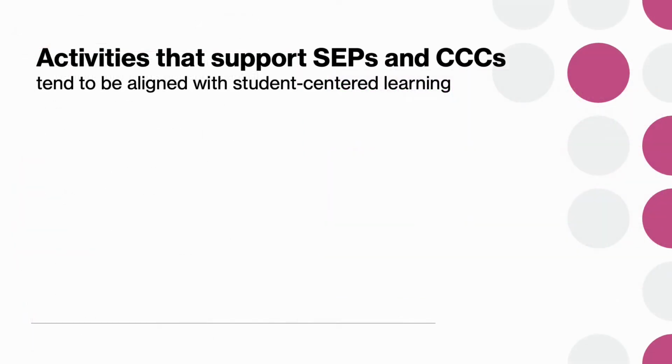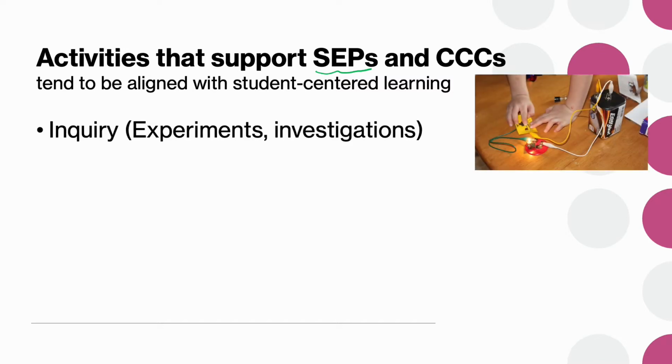To that end, there are certain activities that support the aims of the science and engineering practices and cross-cutting concepts, and these tend to be aligned with student-centered learning. Things like inquiry, where you're doing experiments or investigations where you don't know the outcome ahead of time.